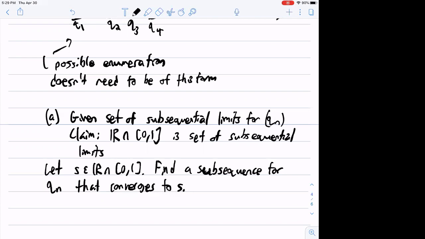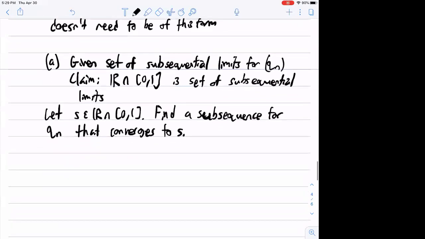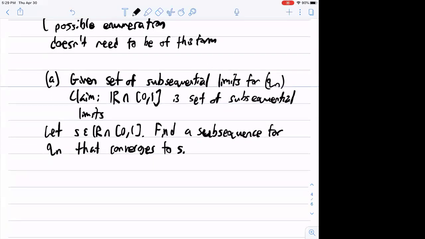So how are we going to do this? Well, we play that same game. You remember how for the supremum we took 1 over 2 to the n, and we considered intervals like a half, a fourth, 1/8, or anything that goes to 0. So that's what we will do. Consider S minus a half, S plus a half, intersect 0, 1, which is some interval. It doesn't need to be a half.